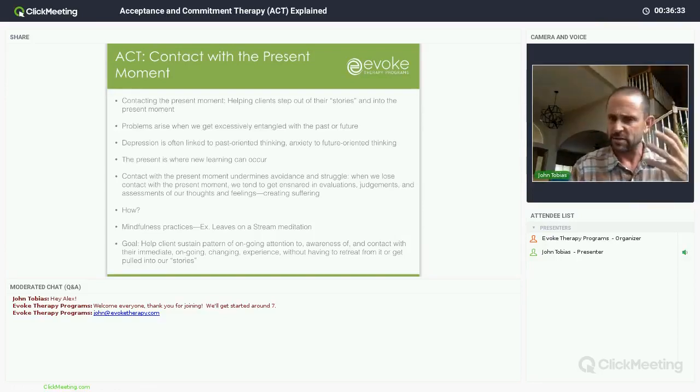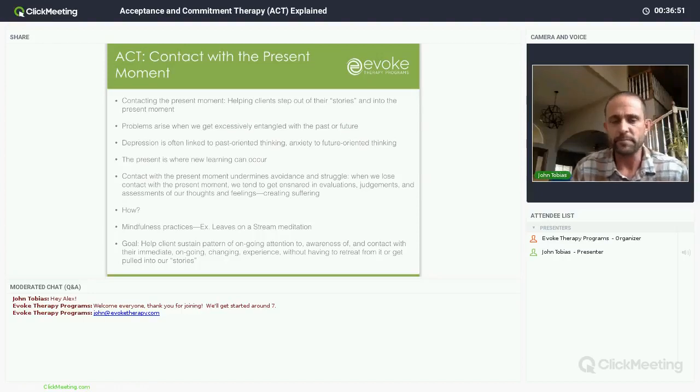And it's an easy but powerful internally visual experience that can help a client see that, oh, that's just a thought and that's just a thought, and I can come back to the present moment and let my thoughts come and go like they will.